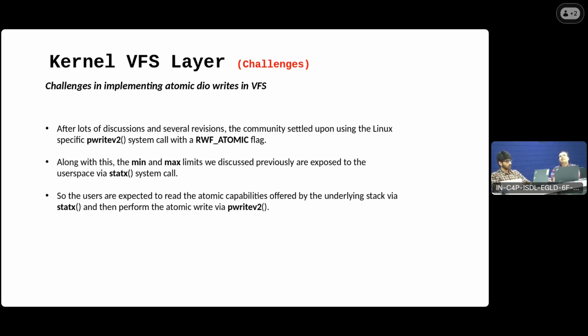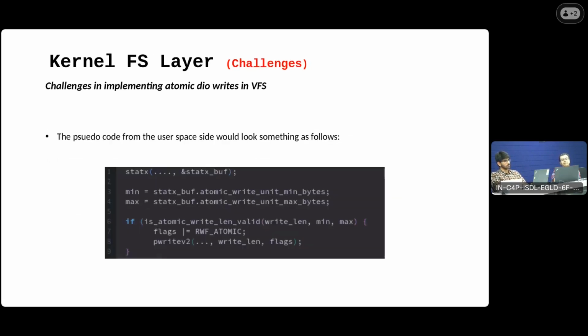That's the common interface required at the VFS layer, and then we can look into the file system. Before that, this is a very small pseudo code just to explain how the changes would eventually look. Once you have the statx system call, you can get the min and max value, and using statx you can also see whether your underlying device supports atomic writes or not.